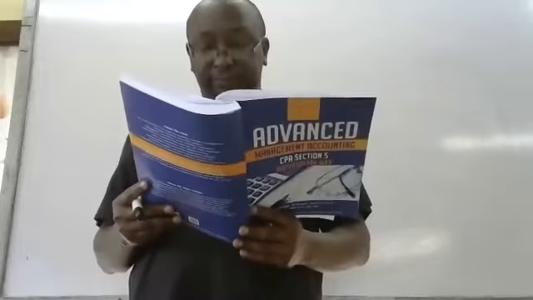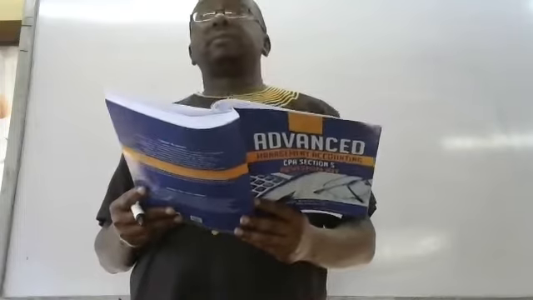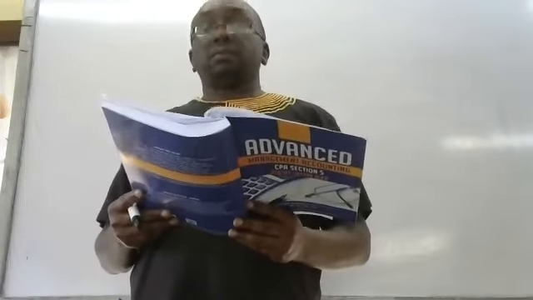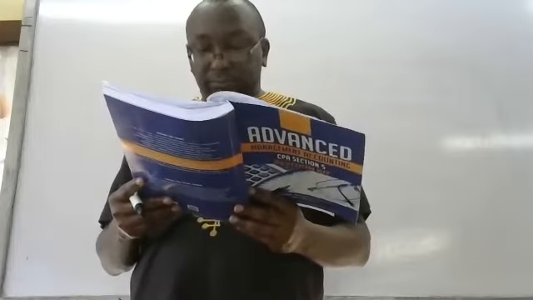Now who can read for us? 5B. So Sylvia, you can read for us. The standard cost for a certain chemical is 40% material A at 20 shillings per kg, 60% material B at 30 shillings per kg.